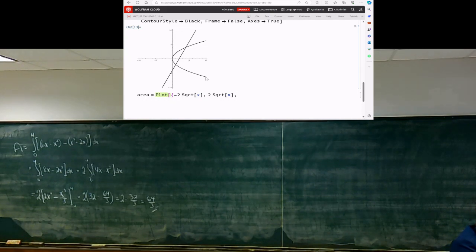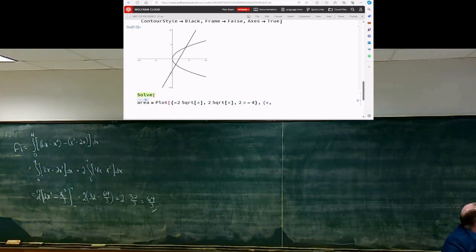And then we have the line. We need a region. We need an interval for the region. We're obviously going to be solving.